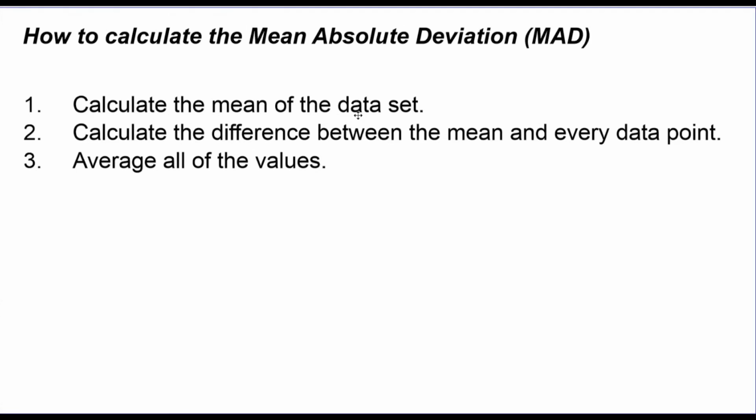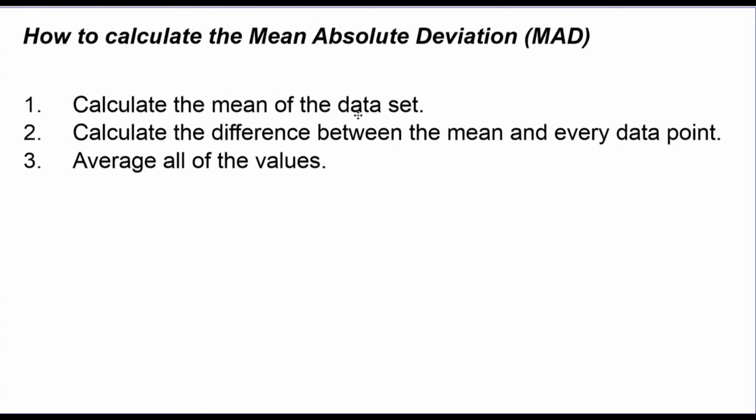So how do you calculate the mean absolute deviation? Well, the first thing we want to do is find the mean of our data set, find the average, because we want to find out how far away all of our data numbers are from the mean on average. Secondly, we want to calculate the difference, or the distance, between the mean and every data point.